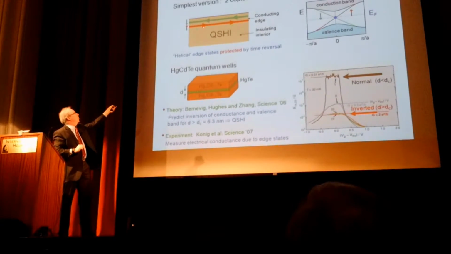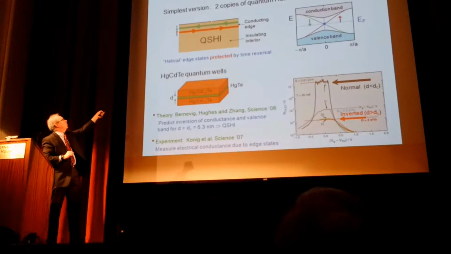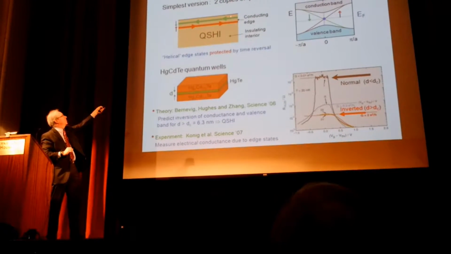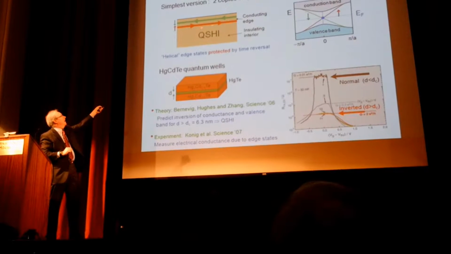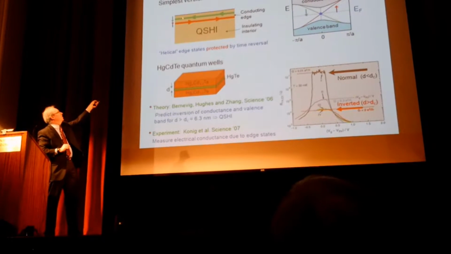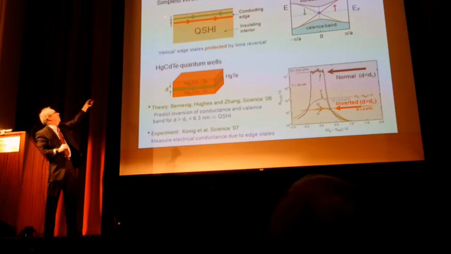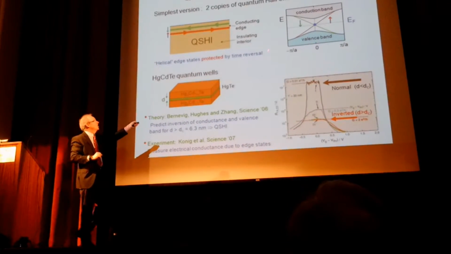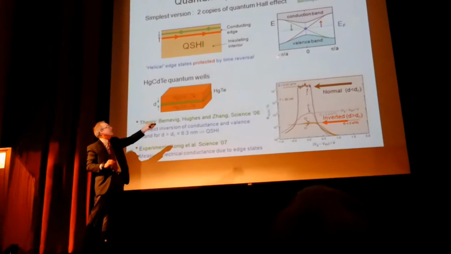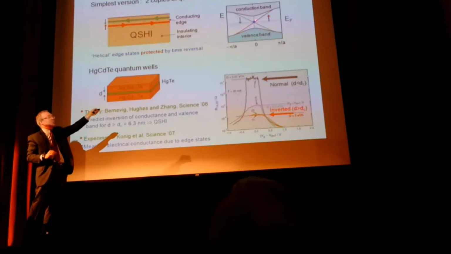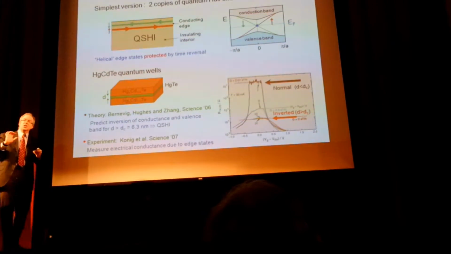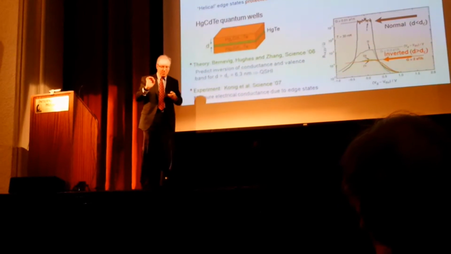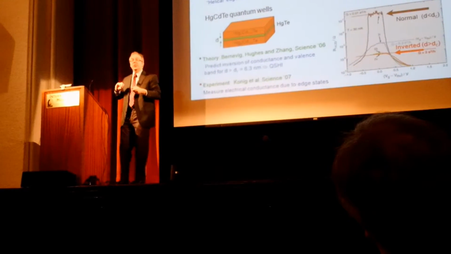If I run it in reverse, the right-moving states become left-moving states, but I also flip the up and down spins, so it looks the same. So it has edge states like this, and this does not violate the symmetry under the reversal of time.